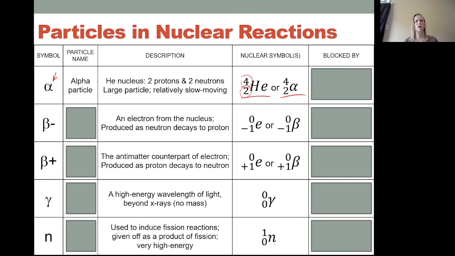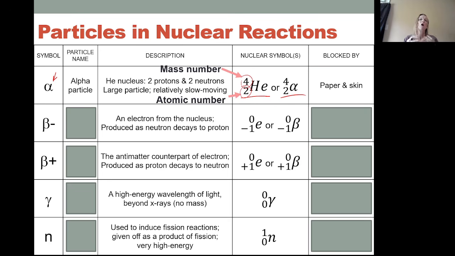This is a large particle. It's relatively slow moving compared to the other particles we're going to look at. And because it's large and slow moving, it's easy to block this radiation. So paper blocks this radiation. Skin blocks this radiation. It's easily stopped. Sometimes students think that because it's blocked by paper and skin, this type of radiation is not hazardous.